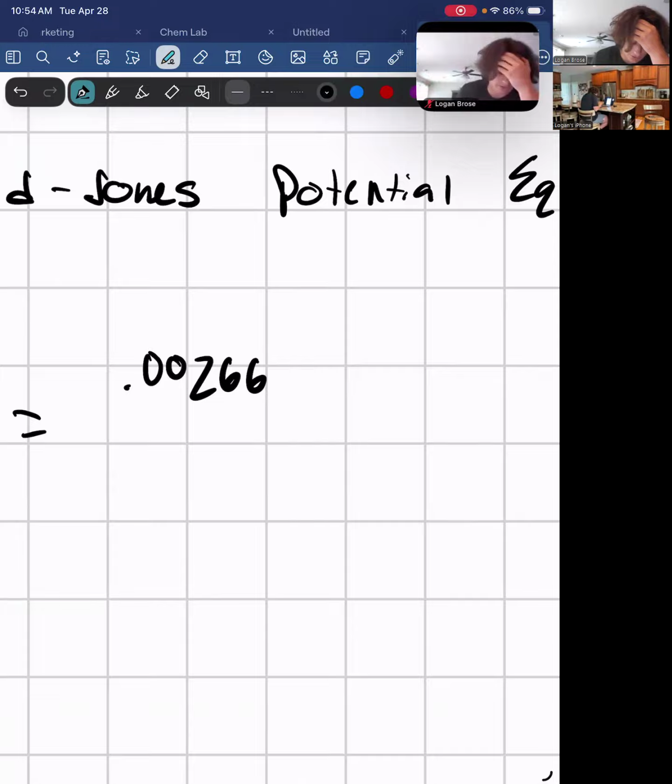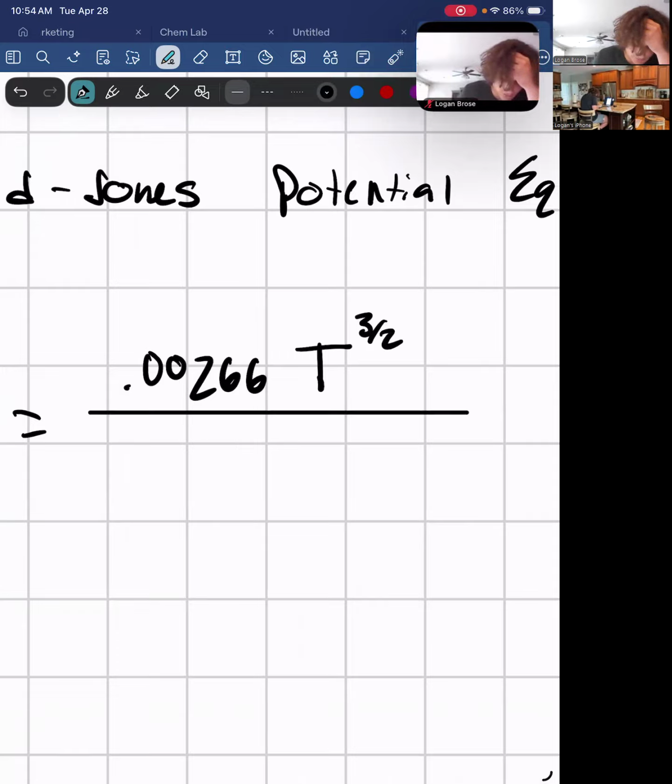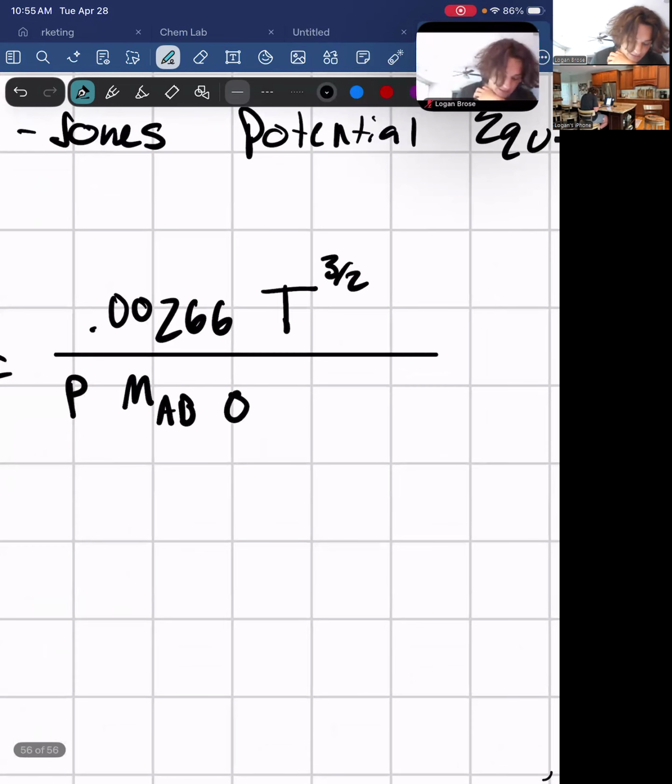This is experimentally determined, and that's going to be multiplied by our temperature to the 3/2 power, all over pressure times the molar mass of A and B, so basically the average, to the 1/2, times the collision diameter. Sorry, this molar mass is to the 1/2.